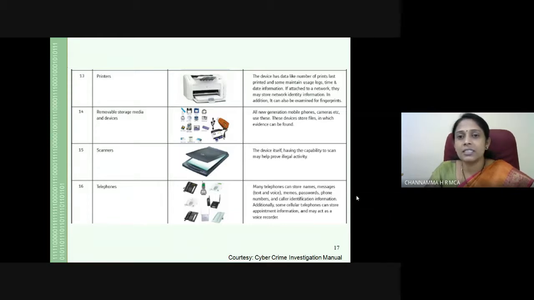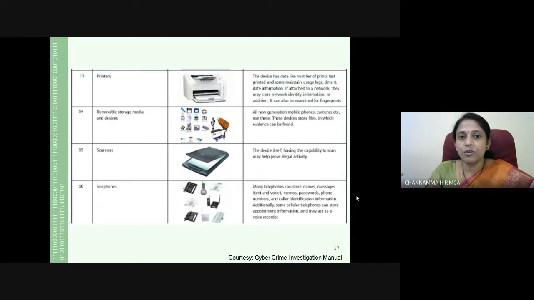And printers, of course, have some storage space. They can tell at what time, which file, who has taken it, and from which computer it got the signal. All that information may be possible to get from printers.